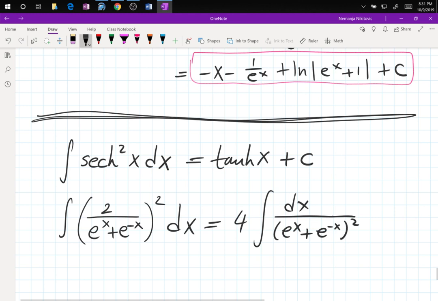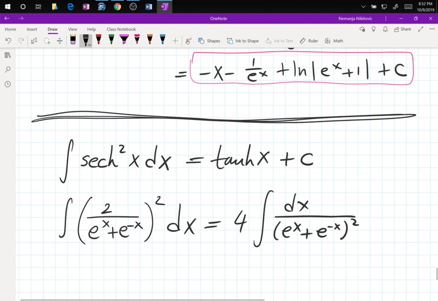But you saw the trick already, right? The trick was to square this and then do another U sub, call it G sub.